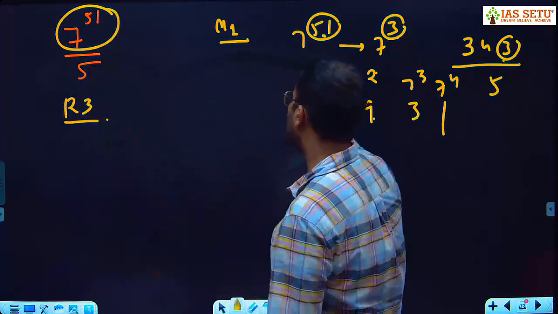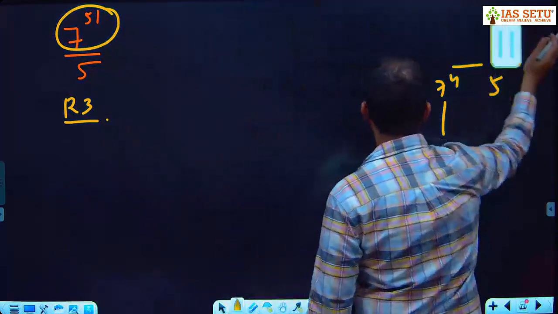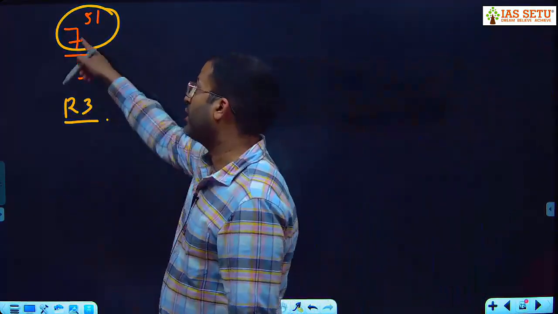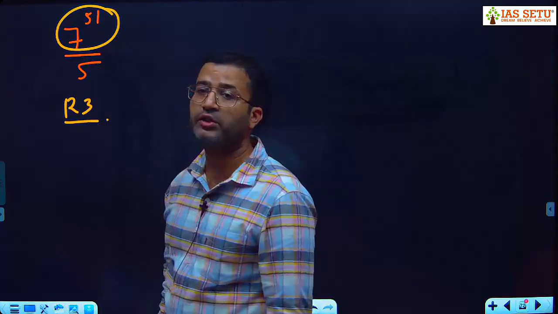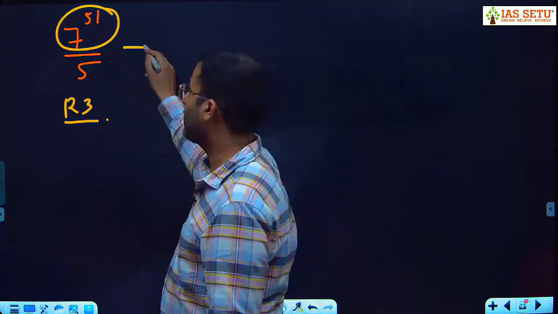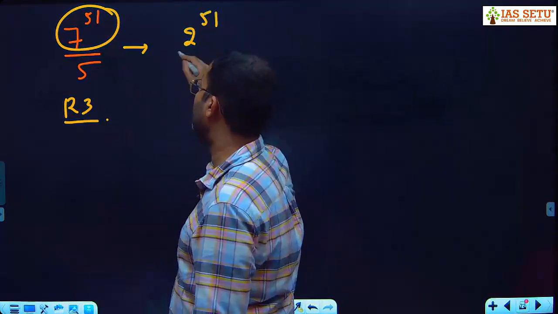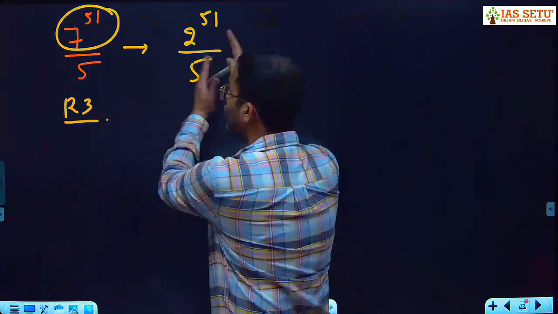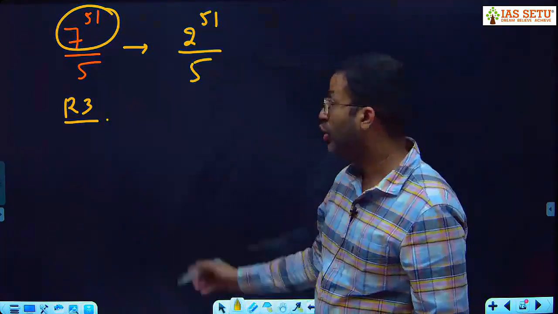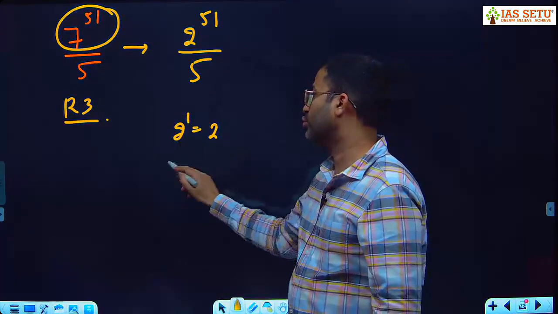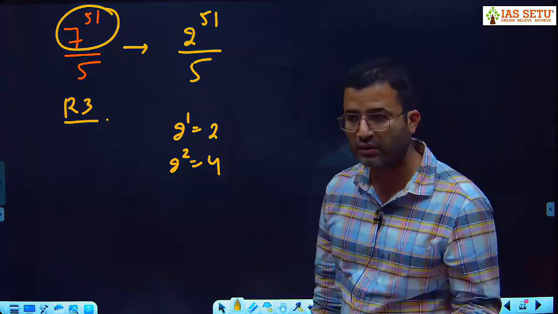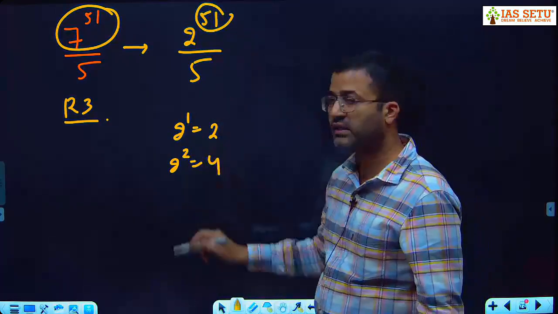Now second method, अगर नहीं ये याद तो second method. Now here 7 with respect to 5, what is your remainder? 2. So can I say it is like 2 to the power 51 divided by 5? Only the task is इसको छोटा करते जाना है. 2 to the power 1 is 2, 2 square is 4, 4 with respect to 5 की remainder -1, but 51 is not an exact multiple of 2.